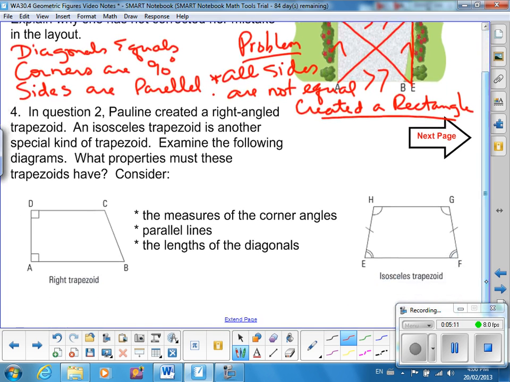In question 2, Pauline created a right-angled trapezoid. An isosceles trapezoid is another special kind of trapezoid. Examine the following diagrams. What properties must these trapezoids have?